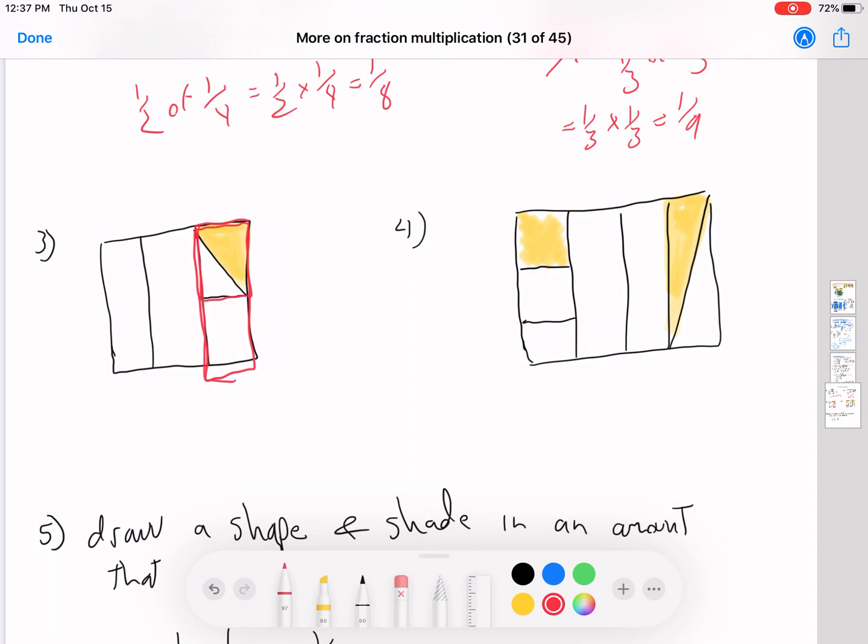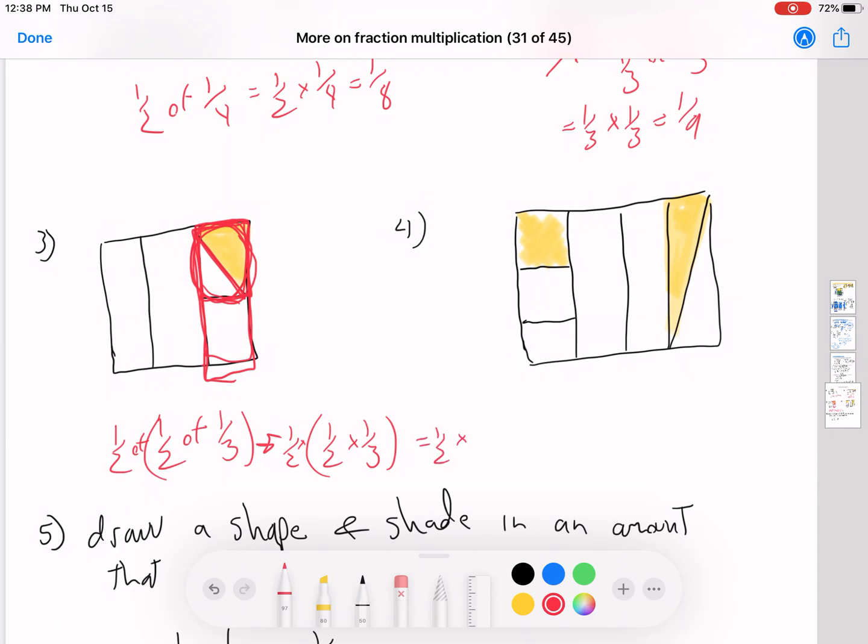And then this piece here is 1/2 of that. So we have 1/2 of 1/3, and that's this piece. And then I have shaded in 1/2 of that. So I have 1/2 of 1/2 of 1/3. 1/2 of 1/3 will be this amount, and then of that amount, I've also shaded in 1/2. 1/2 times 1/3 is 1/6, and 1/2 of 1/6 should equal 1/12.